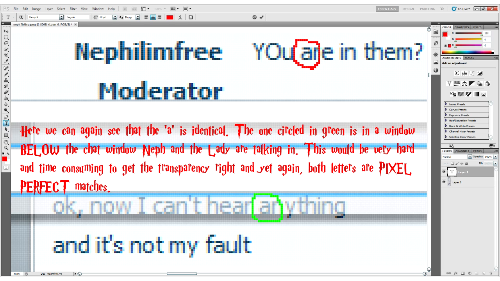Now the real telling piece of evidence here is the transparency layer that runs over the top of the text that's underneath Nephilim's chat window. You can see that there is the transparency, there's a level of alpha in there as well, I would think. It would be very hard to actually replicate that effect, because it would involve changing the contrasts on the actual text that was under this chat window.